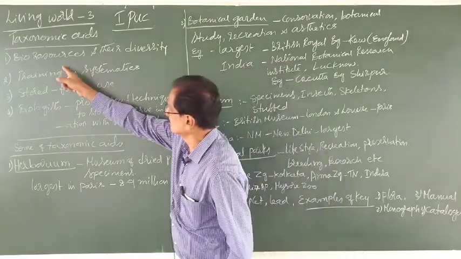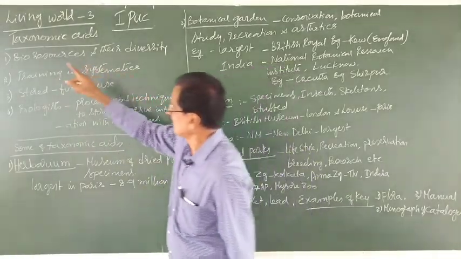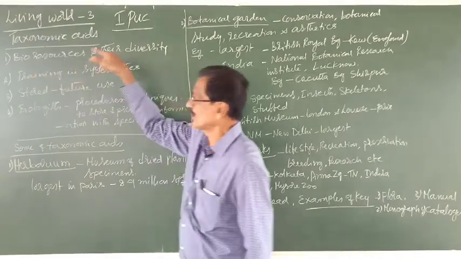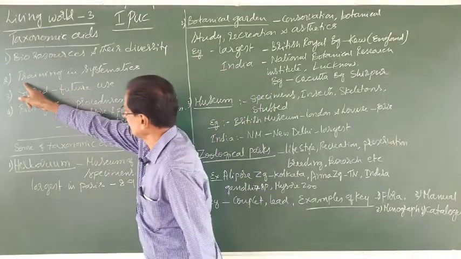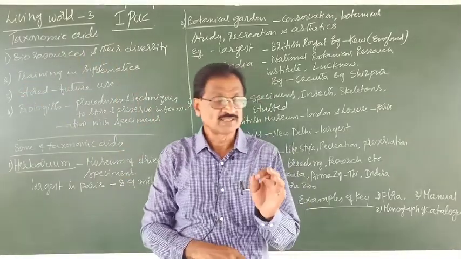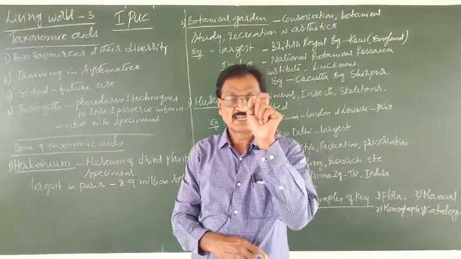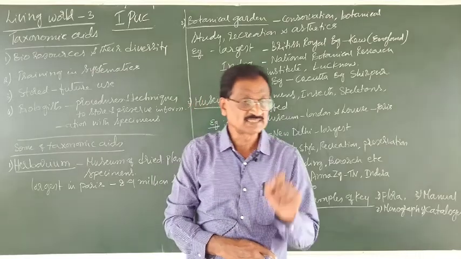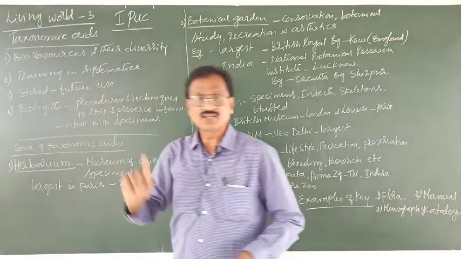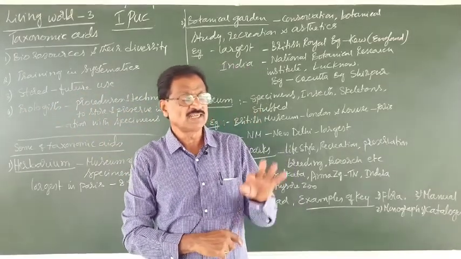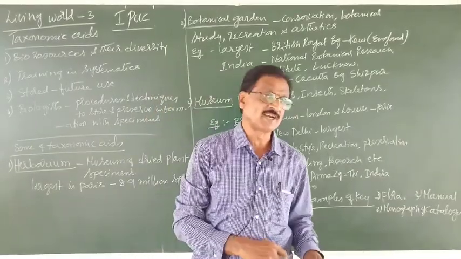These are all said to be the taxonomic aids. So that is helpful in knowing the bioresources and their diversity. Second, it is helpful in training the biological students regarding taxonomic studies or systematic biology. The next is, whatever specimen is available, it is to be identified, named, and then classified.